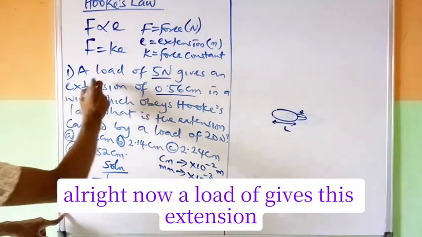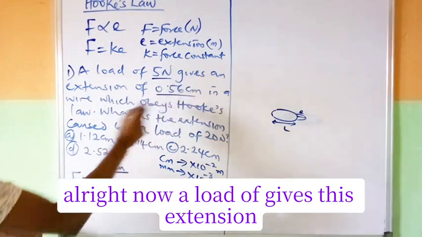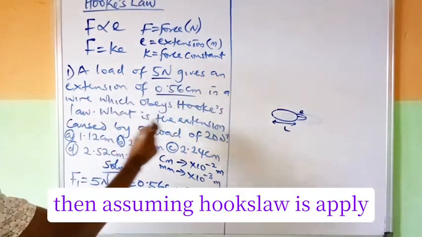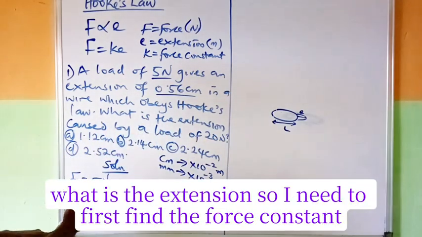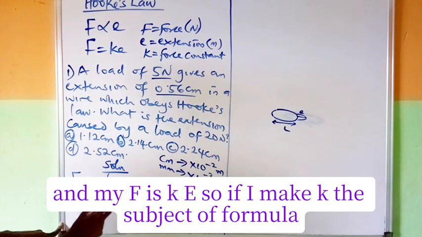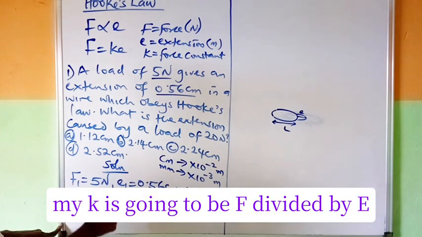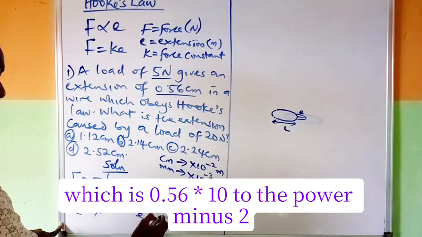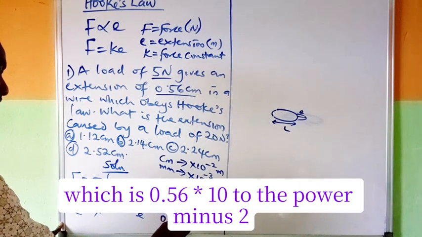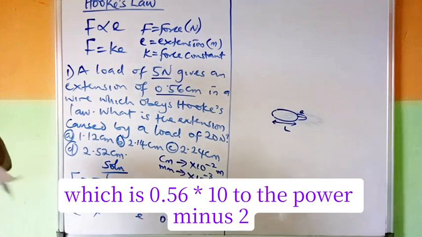Now, a load of 5 newtons gives this extension. Then assuming Hooke's law applies, what is the extension for the new load? I need to first find the force constant. F is KE, so making K the subject, K is F divided by E. That is 5 newtons divided by 0.56 times 10 raised to power minus 2.